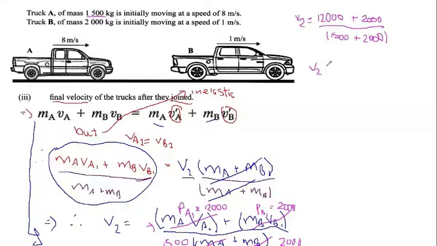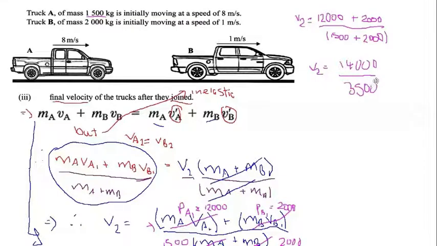Simplifying, 12,000 plus 2,000 gives me 14,000 all over 1,500 plus 2,000, which gives me 3,500.